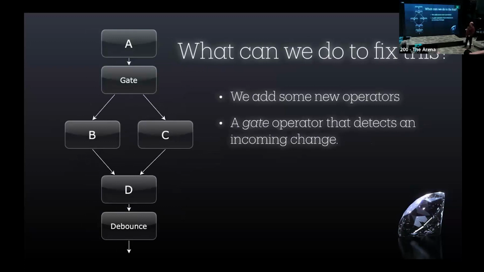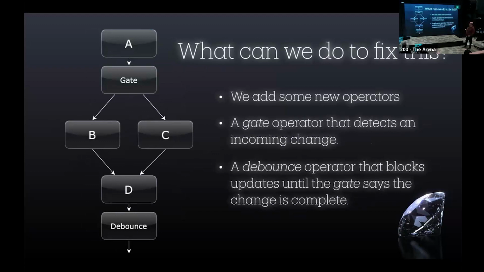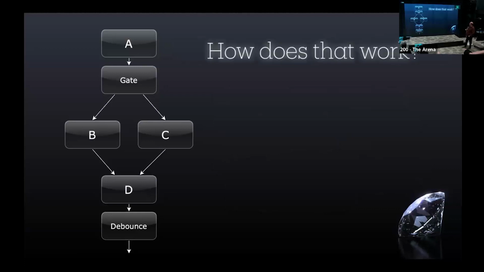What it does is it detects that there is something in an incoming value, and it initiates this whole process. And then we have a debounce operator that basically works so that once the gate has triggered, it will start blocking values from coming through, and it will wait until then.